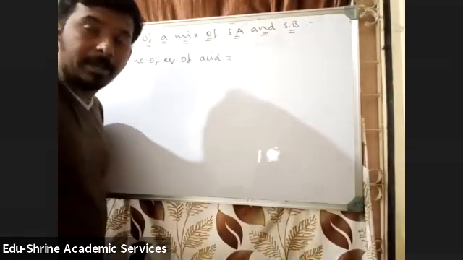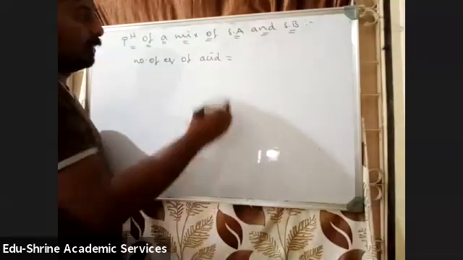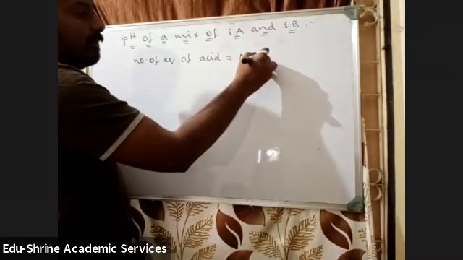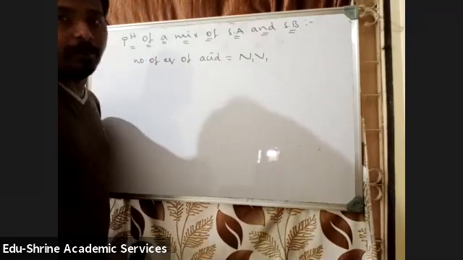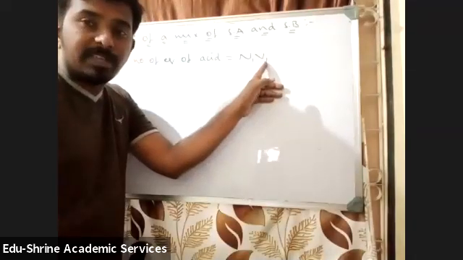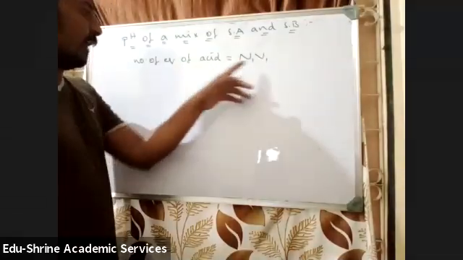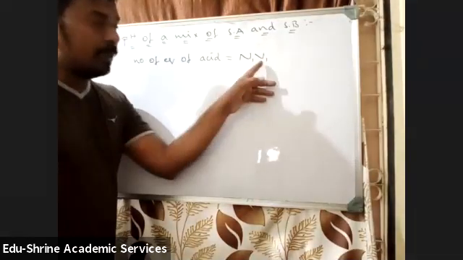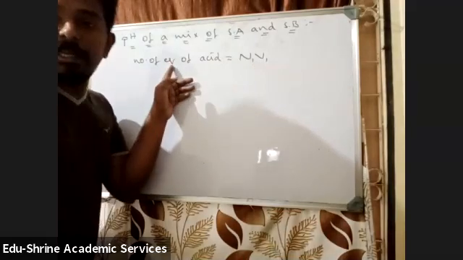How will you calculate the number of equivalents of acid? N1 into V1. N1 is the normality of the acid. V1 is the volume of the acid in liters. If you take liters, you will get equivalents. If you take volume in ml, you will get milli-equivalents.